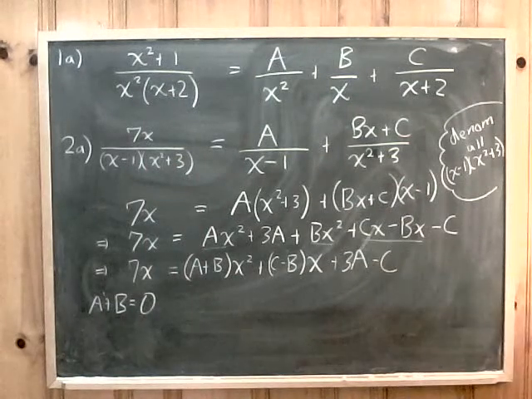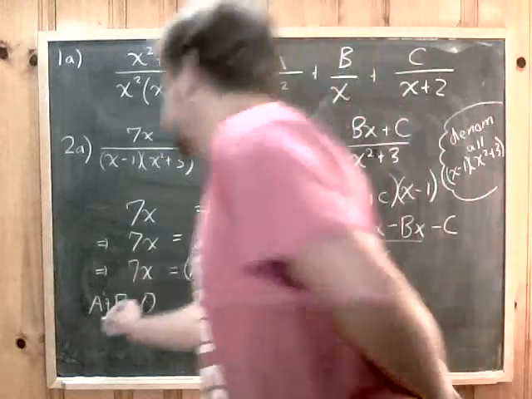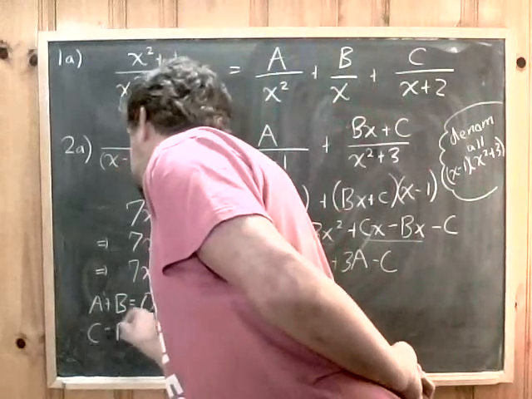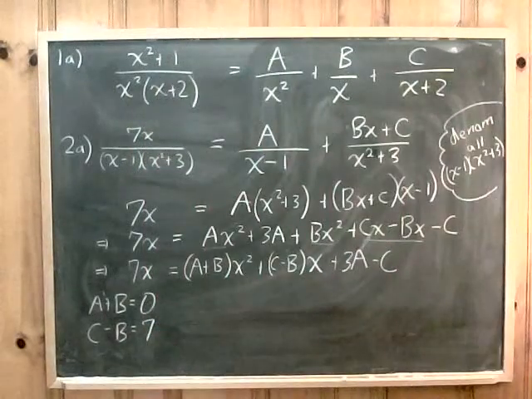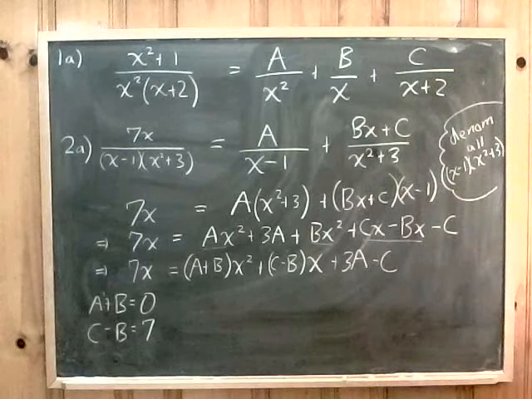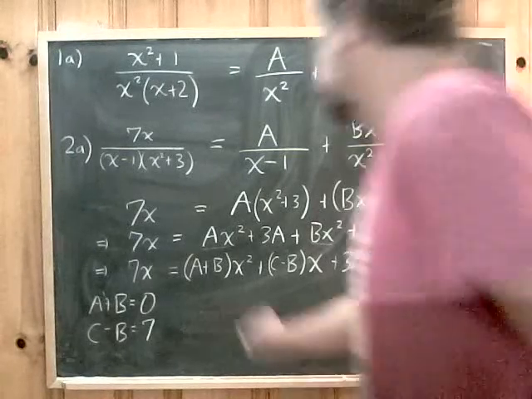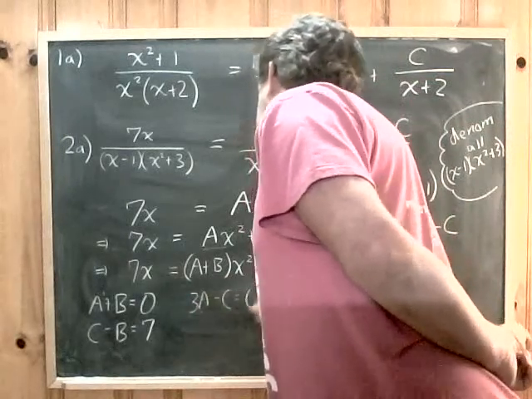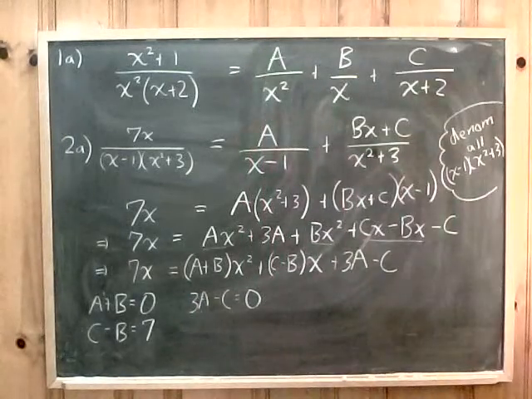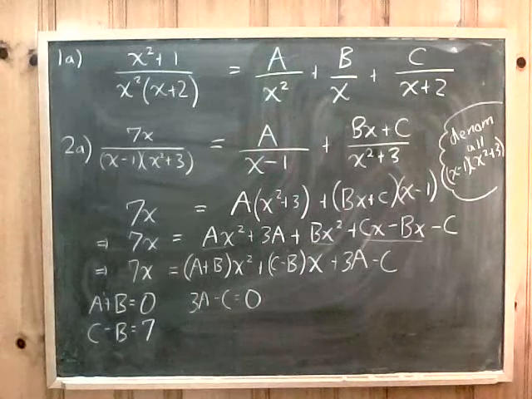For c minus b, that's the one that's going to be equal to 7. And then at the end, there is no constant coefficient on the left, so 3a minus c will be equal to 0. So those are the three equations that I get from setting the three coefficients of like powers.